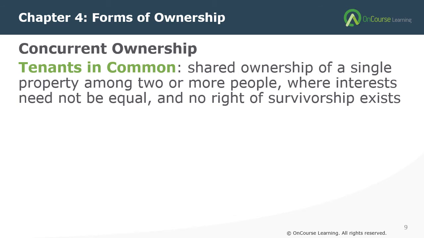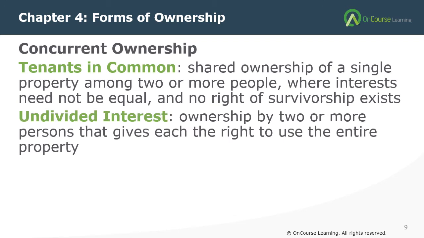A couple of terms that we also need to define: an undivided interest. That means ownership by 2 or more persons that gives each the right to use the entire property. They may not own the entire property. One may have an unequal share versus the others, but an undivided interest means the right to use it, not how much you own of that property.